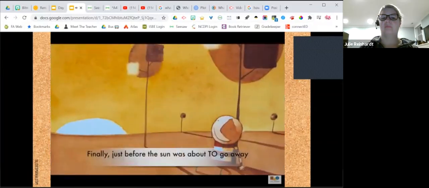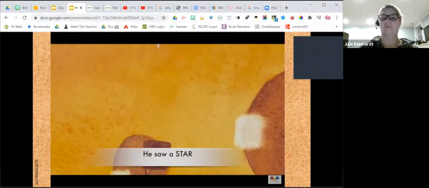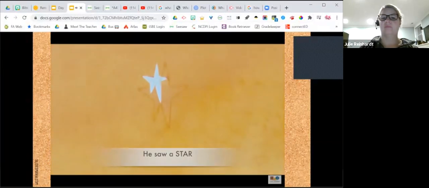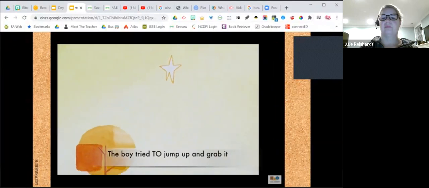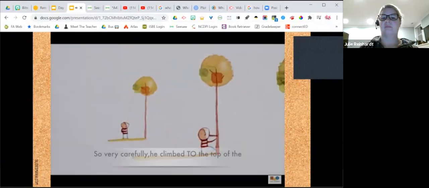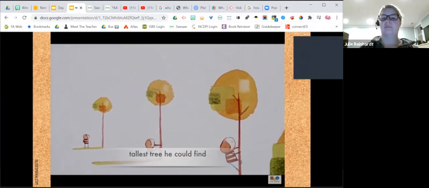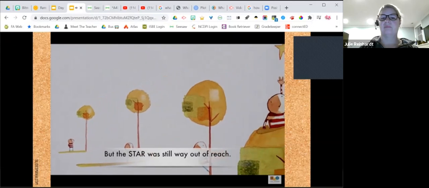Finally, just before the sun was about to go away, he saw a star. The boy tried to jump up and grab it, but he could not jump high enough. So very carefully he climbed to the top of the tallest tree he could find, but the star was still way out of reach.